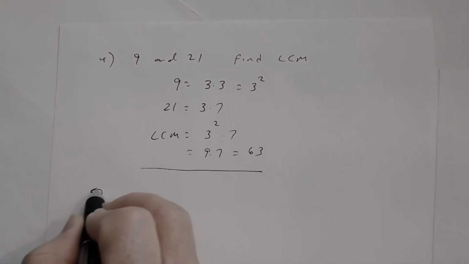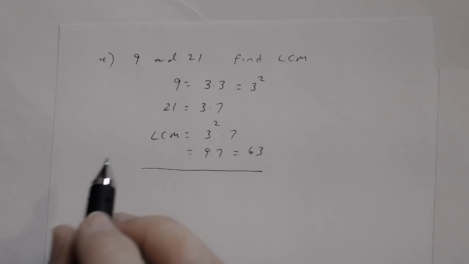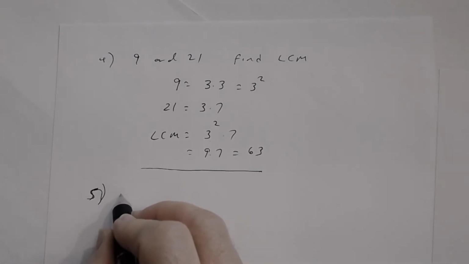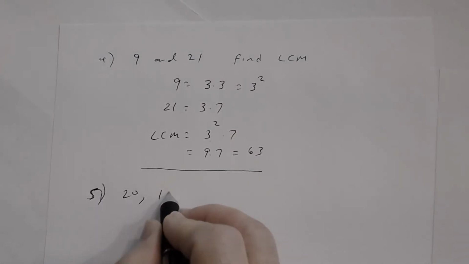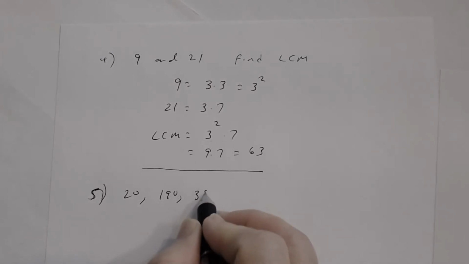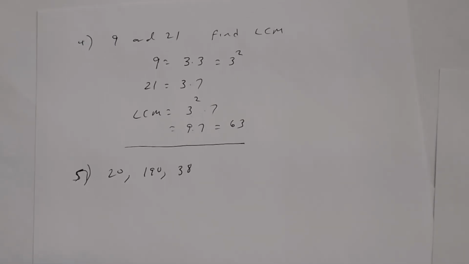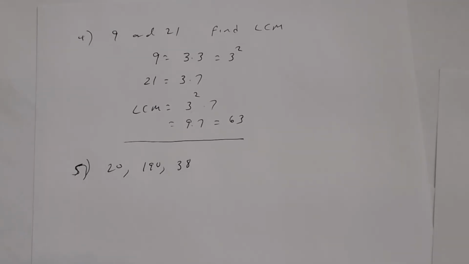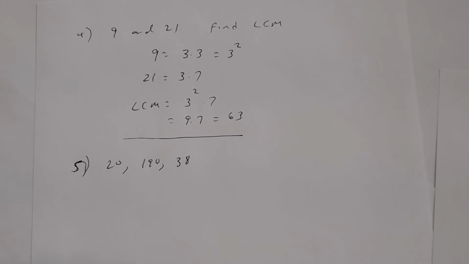So let's find the least common multiple for number 5. Let's suppose we have 3 numbers now, 20, 190, and 38. Sometimes you will have more than 2 terms, and you can use the prime factorization. So let's talk about 20.